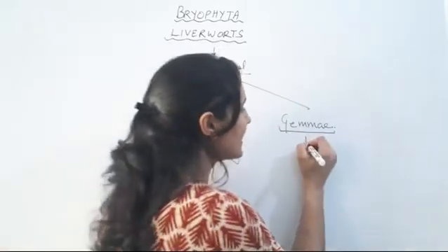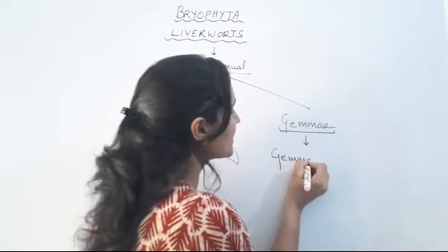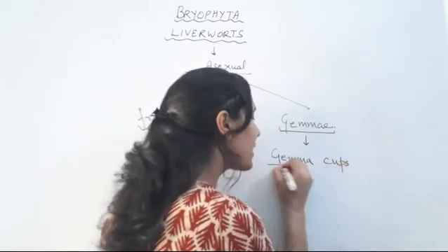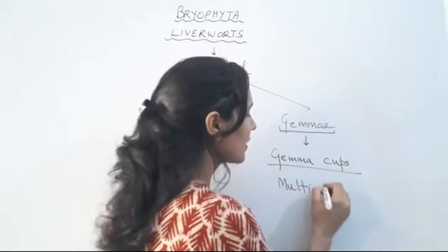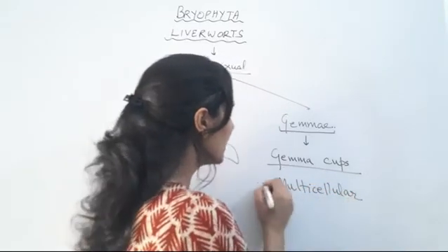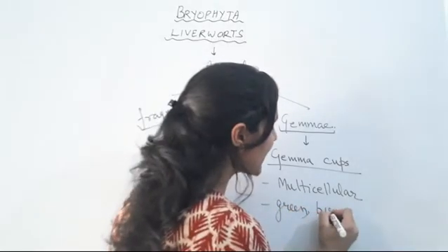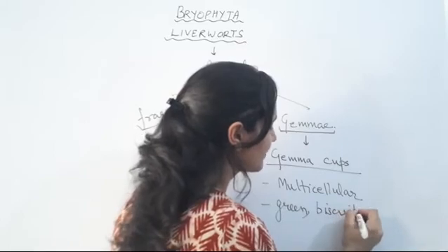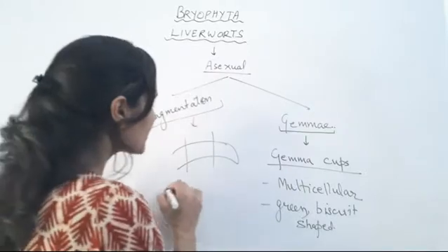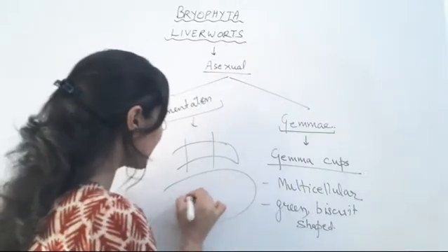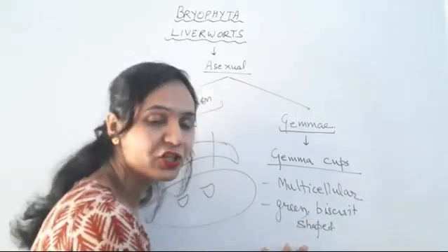These are produced by gemma cups. They are basically multicellular, green in color and biscuit shaped. So what are gemma cups? The gemma cups are present on the thalloid structure, and they have a biscuit-shaped structure.